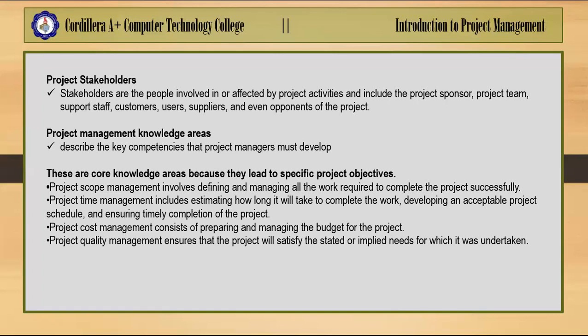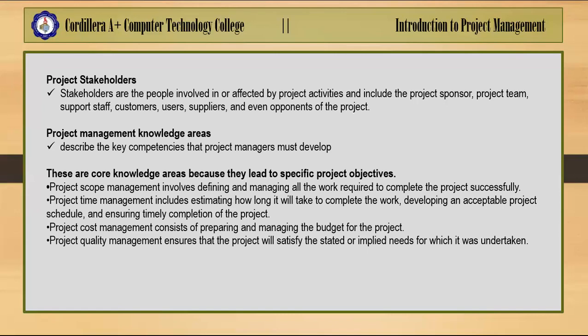Okay? So we also have here the project management knowledge areas. These describe the key competencies that project managers must develop. The core knowledge areas of project management include project scope, time, cost, and quality management, because they lead to specific project objectives.